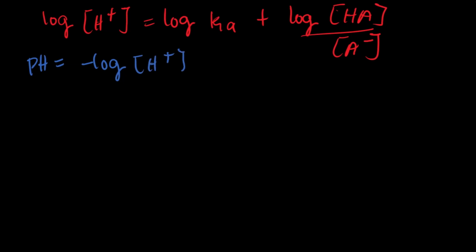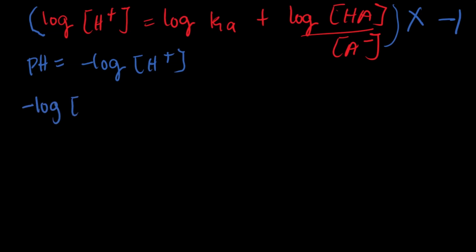Next, pH is equal to the negative logarithm of the hydrogen ion concentration, right? So we want to have a negative value on this side. This simply means that we'll multiply the entire equation by negative 1.